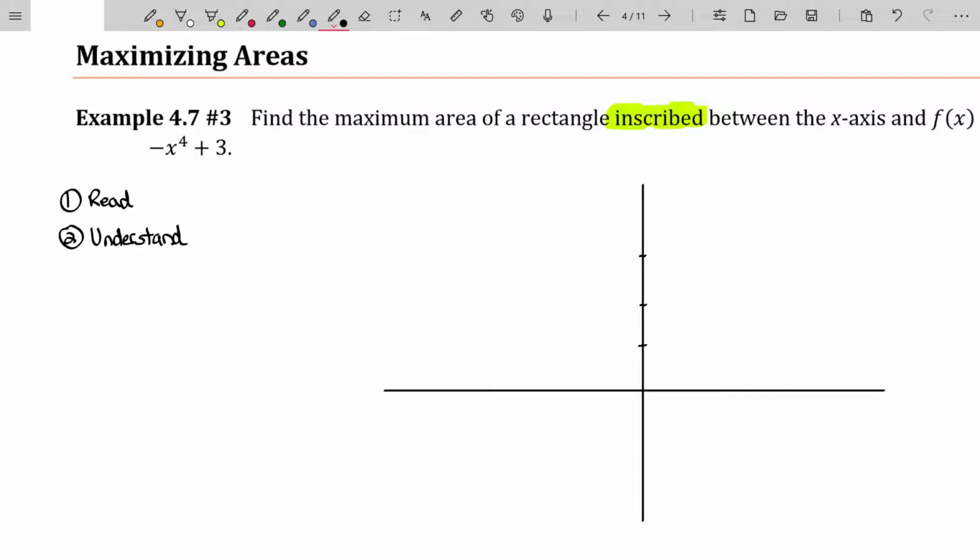So it does something like this. It's a little flatter than a parabola because it's got a higher power than the square power. And it strikes the x-axis when x to the fourth is equal to 3, or in other words, at 3 to the 1/4 power here and a negative 3 to the 1/4 power there.